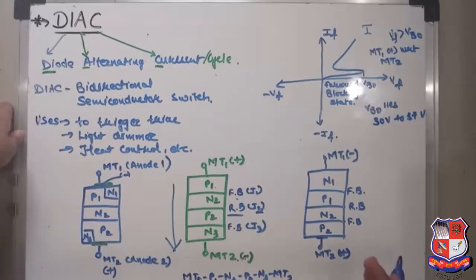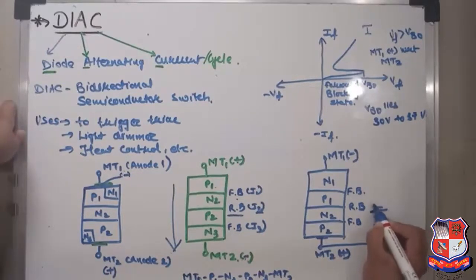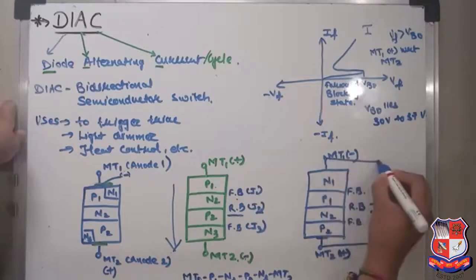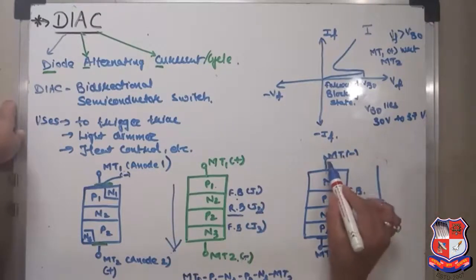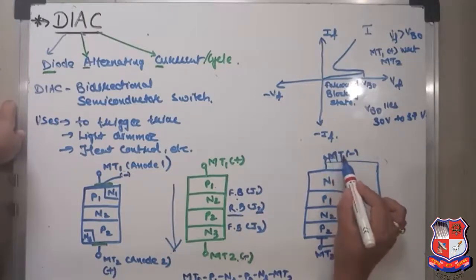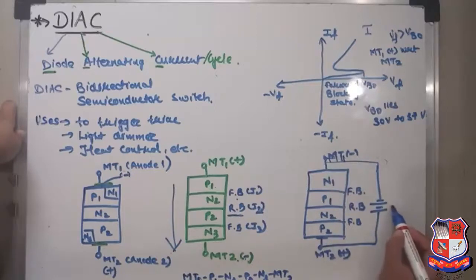Here is the externally applied voltage. So now this voltage exceeds the breakover voltage.